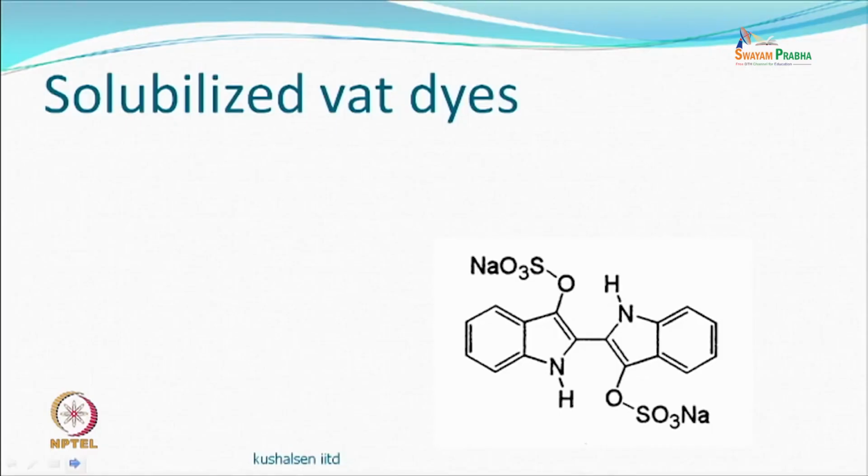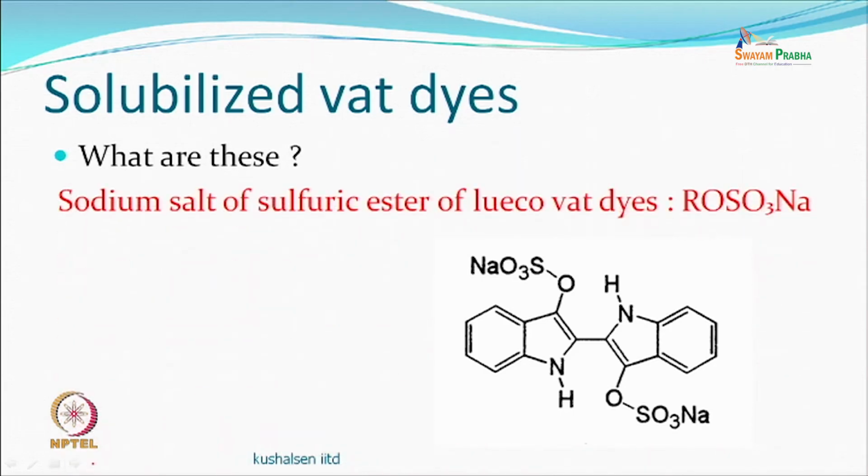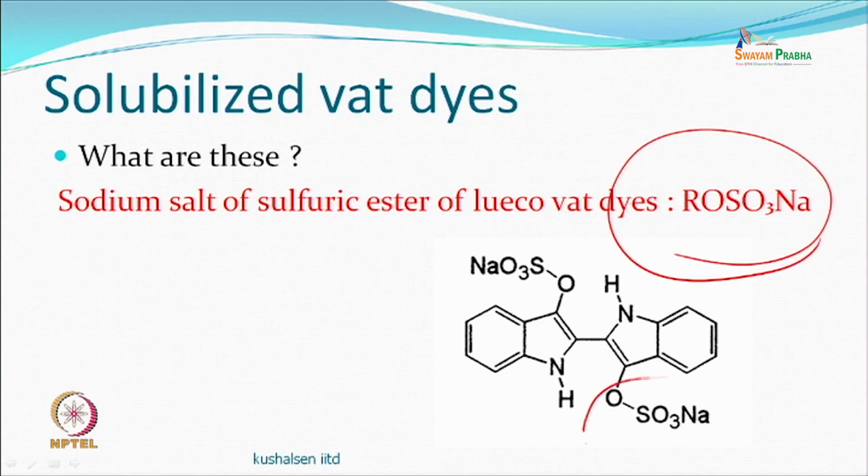So it's the same dye as before, just that the structure has changed. Because of this particular group that has been added, this is the change from the previous dye, and suddenly this dye can be used on any fiber which is hydrophilic.